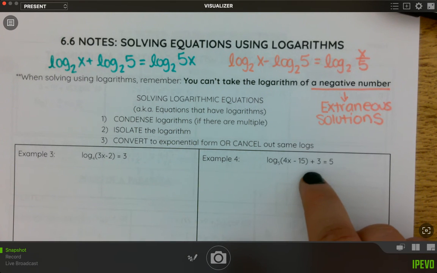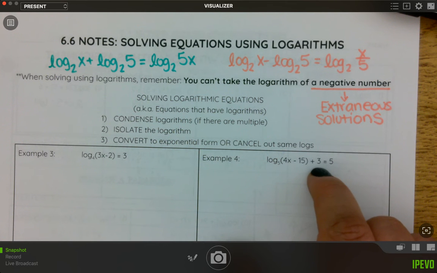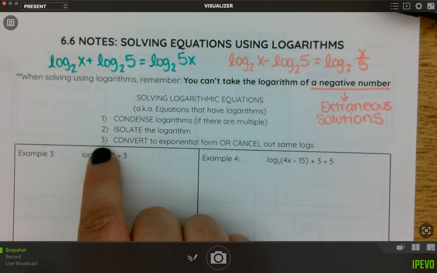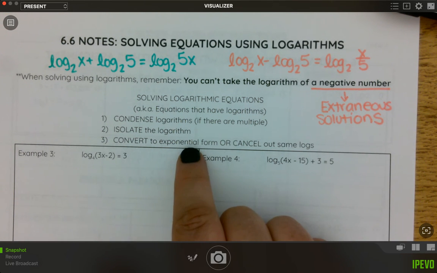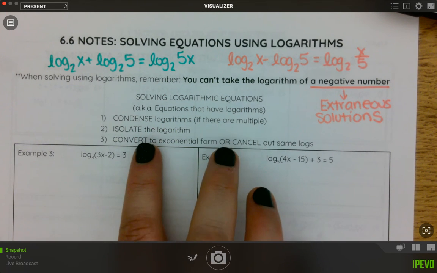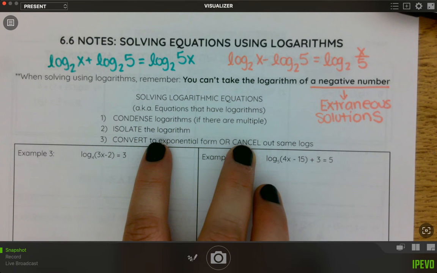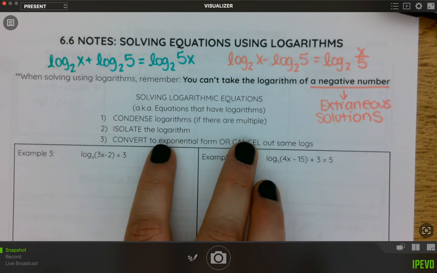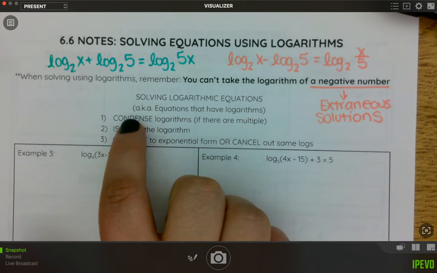So for instance, on this one, we need to get rid of that 3 first. And the third rule is convert to exponential form or cancel out some logs. It's going to be one of these two things on every problem. Step 3 is going to happen on every problem. These two are only going to happen on some of the problems.